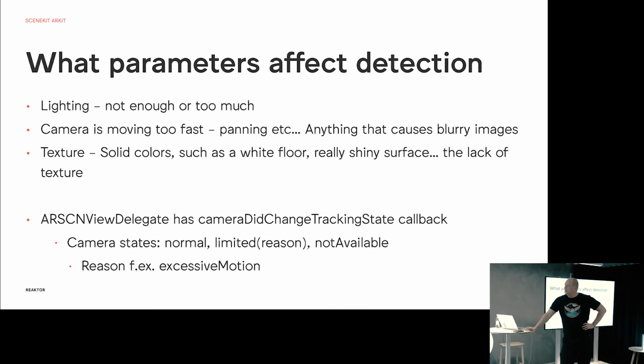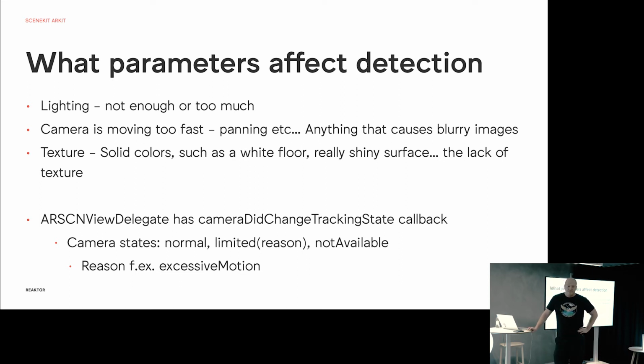And if the camera is moving too fast, that won't work. If it only receives blurry images, it can't really do anything useful with that, and especially with children, that is fairly common because they're very quick people.